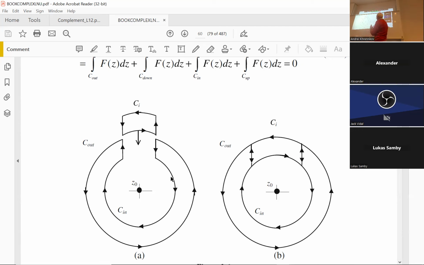If you have two which go in opposite directions, then it is zero. Integrals which we calculate typically counterclockwise. To get an integral clockwise, you just take minus. So the direction is just minus.